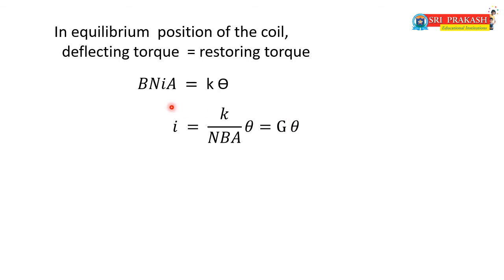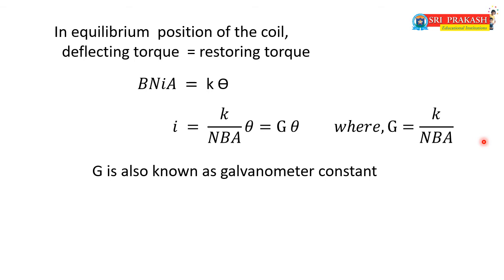Therefore, the current I passing in the coil equals K by NBA into theta. Here K by NBA we write as G, which is also known as the galvanometer constant.